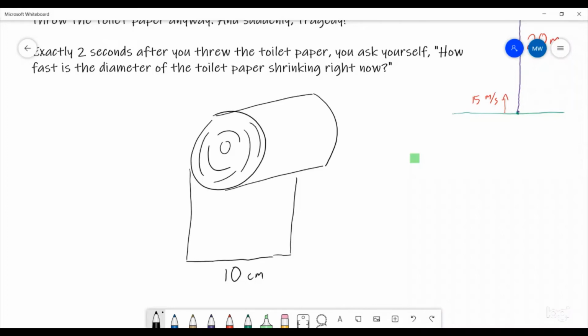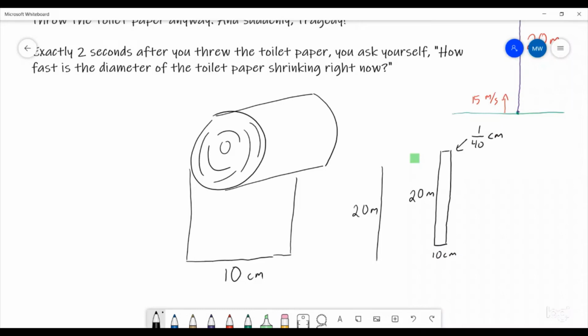Well, we know that the total distance is 20 meters, so what's the volume of that toilet paper? Well, the volume is going to be the 20 meters by 10 centimeters, and then the thickness is going to be 1/40th of a centimeter thick.